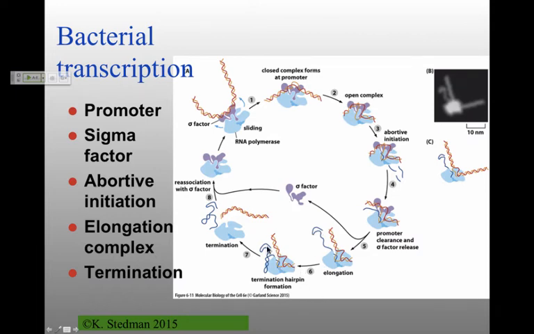Basically, this is, I forget where the terminology came from, an oily stretch of road and a speed bump. It's a secondary structure that forms in the RNA, usually next to a whole stretch of uracil residues, which don't base pair very well. What that does is pop the RNA out of the RNA polymerase complex. This is one kind of termination, but that's the main kind. It's the easiest one to follow. So you have termination.